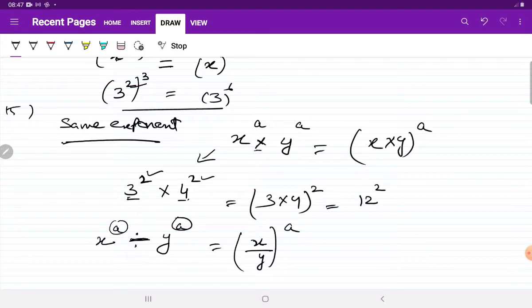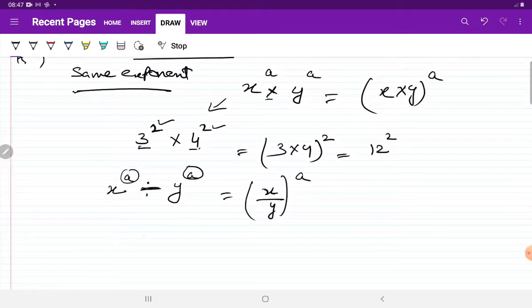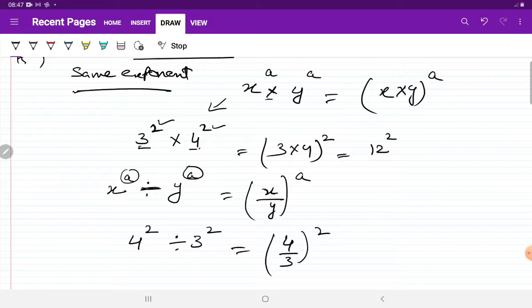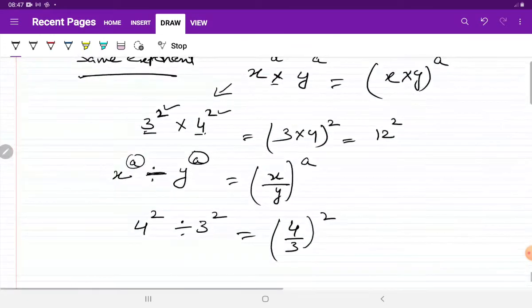Again I am taking one more example, like 4 raised to power 2 divided by 3 raised to power 2. So what will we get? 4 divided by 3, raised to power 2. We can get this result like this. Got it? Power will come common and numbers will divide.